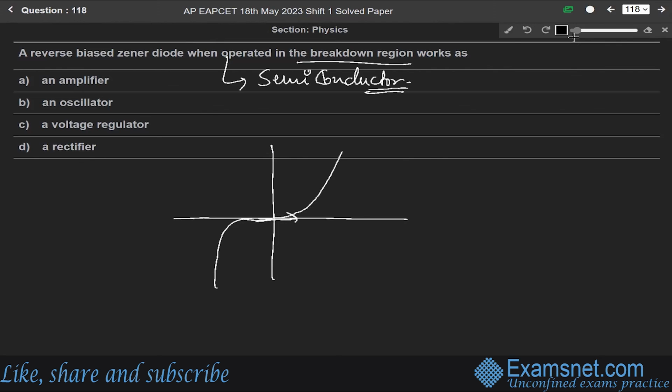This is the breakdown region for a Zener diode. The sharper the breakdown region, the better the Zener diode. A Zener diode is a heavily doped p-n junction diode, and it always operates in the reverse breakdown region as a voltage regulator. So our correct answer is option C.